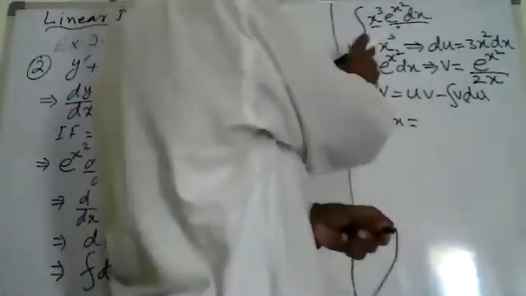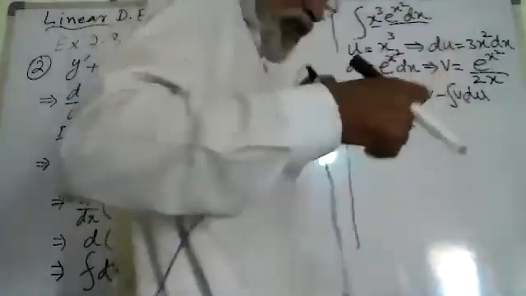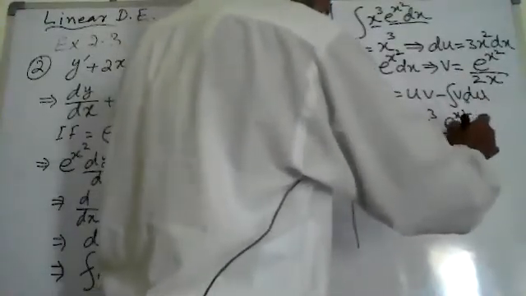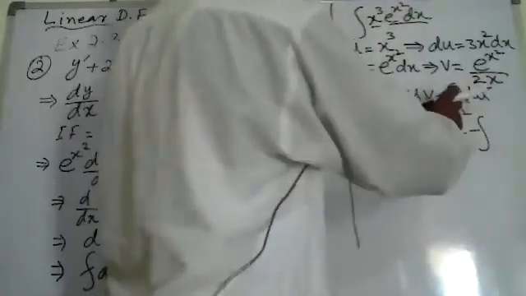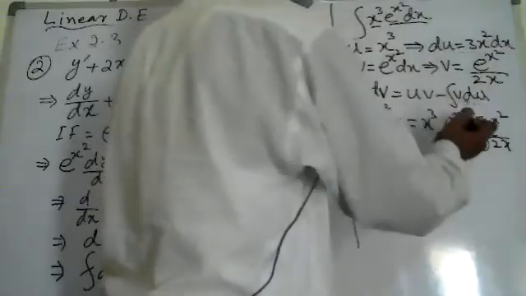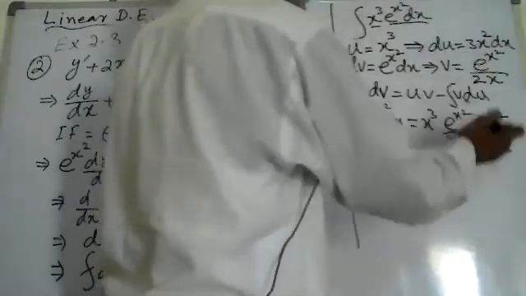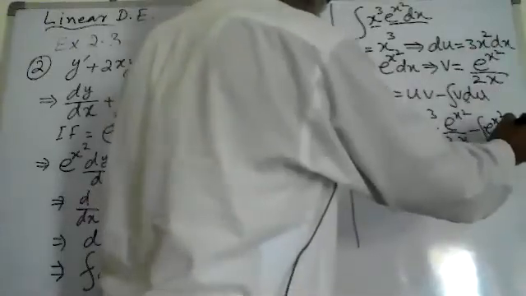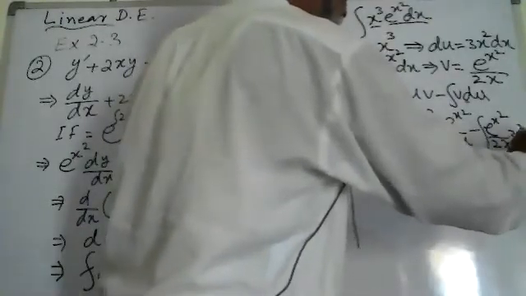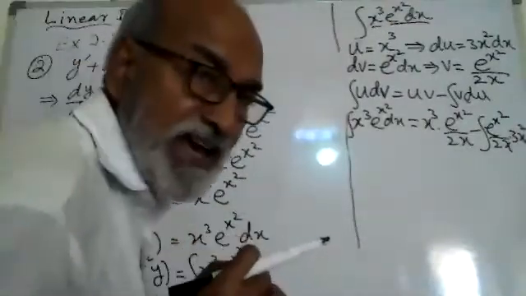So uv, this into this, this is u and this is v, uv will be x cube into e raised to power x square upon 2x minus integral v du, this one e raised to power x square upon 2x into du, v is this one and du is this one, 3x square dx.